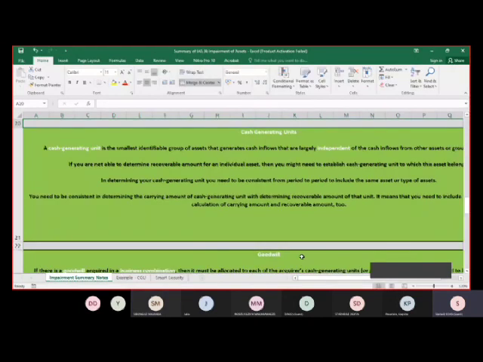Okay, sir. So I was saying here, a cash generating unit is the smallest identifiable group of assets that generate cash inflows that are largely independent of the cash inflows from other assets or group of assets. So I've made an example to say that you have a pizza business or a bakery where you bake bread, and the bread that you are selling generates cash inflows.